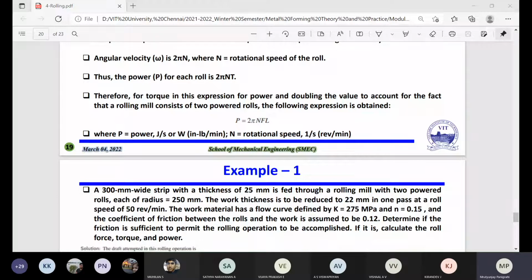The first numerical: a 300 wide strip with a thickness of 25 is fed through a rolling mill with two powered rolls, each of radius 250. The work thickness is to be reduced to 22. You have to write what parameters are given and what to find out, because many students find difficulty in between when doing the solution.